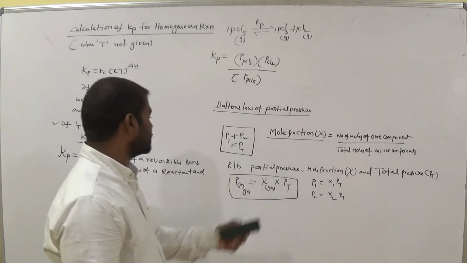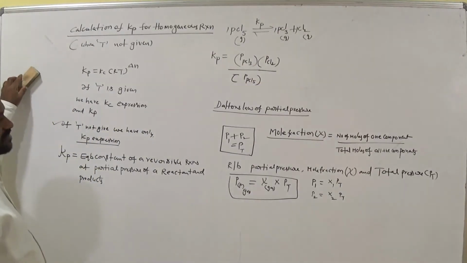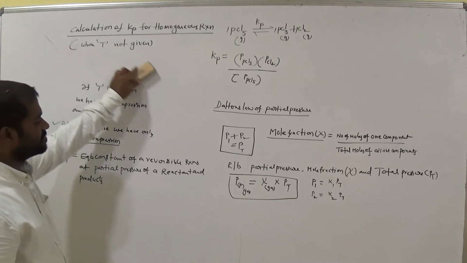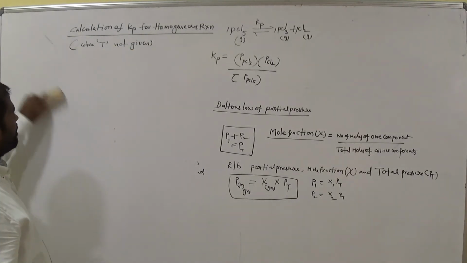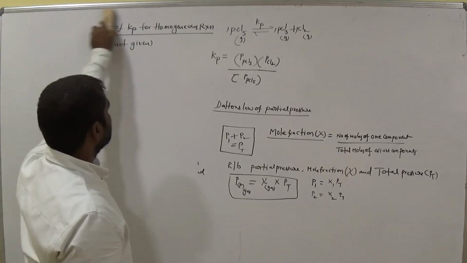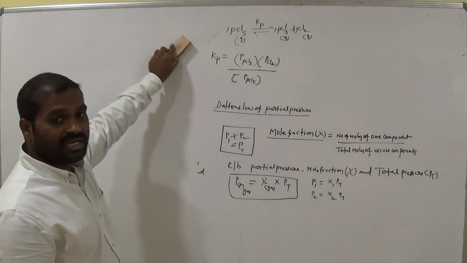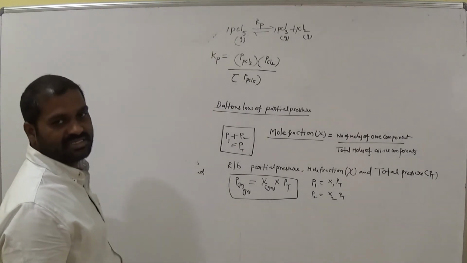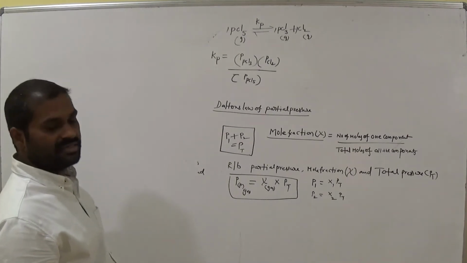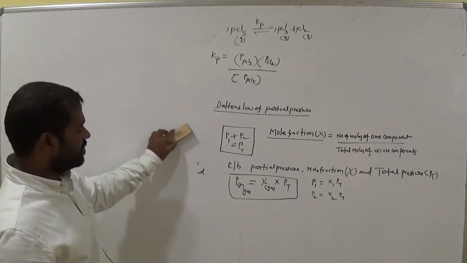Let's see that concept. So when temperature is not given, we consider the partial pressures, then calculate Kp.